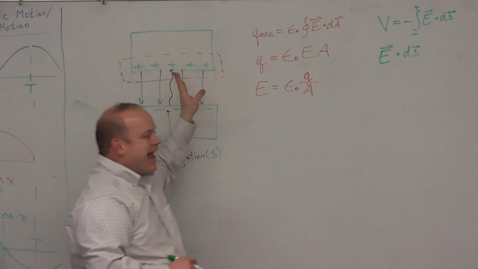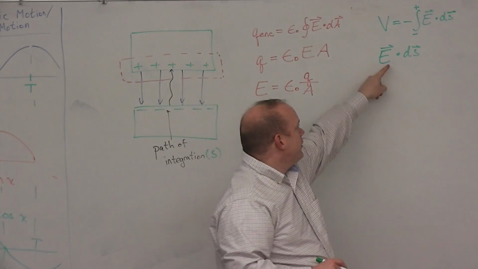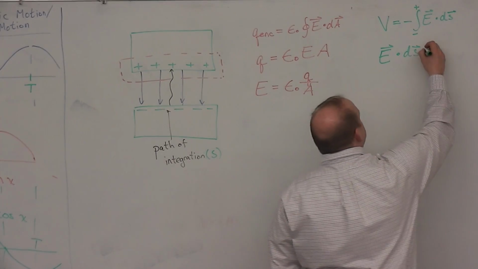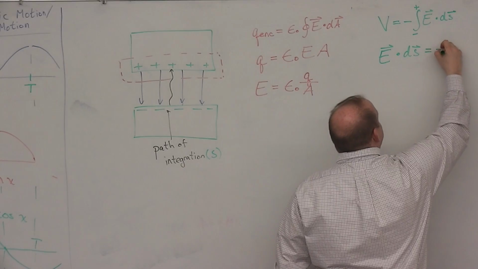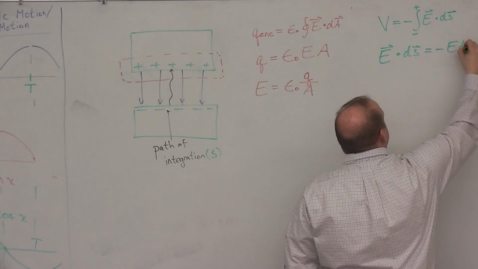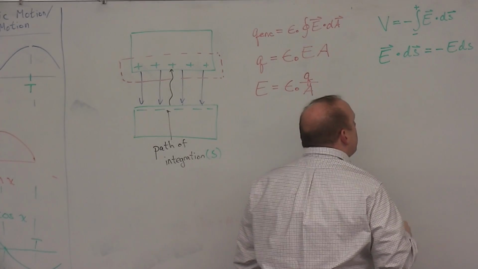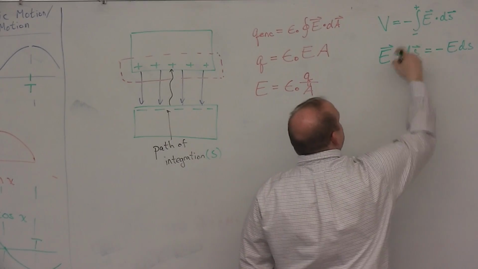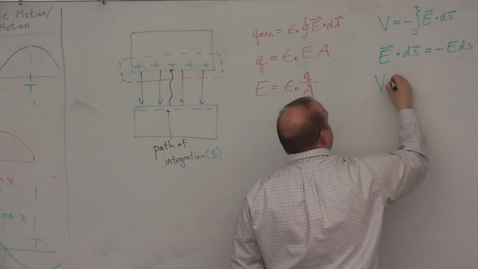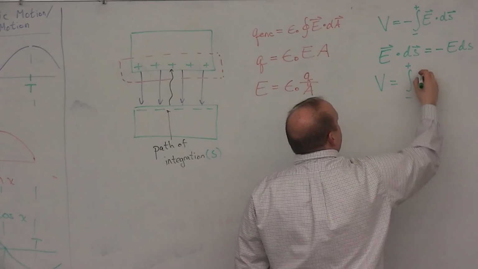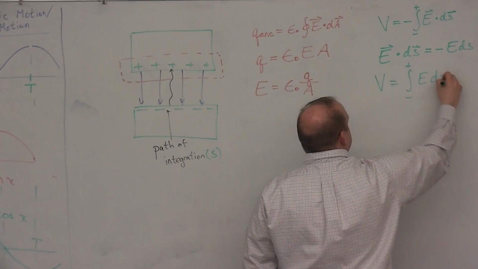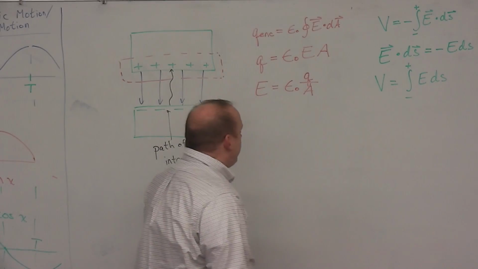So the angle between them is 180 degrees, which means that the dot product will give you a negative 1. So instead of E ds, it becomes negative E ds. When I plug that negative in up here, I get the integral from negative to positive of E ds. That's where the negative drops off.